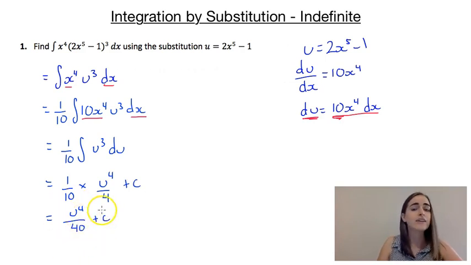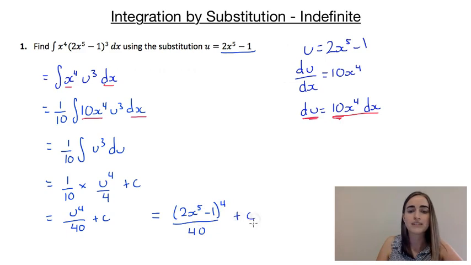So I've integrated it, but the last step is to put it back in the same variable that the question came in. I want x's in there instead of u's. So I'm going to put this back in where that u is. The last step, I'm just going to write it next to it because I don't have room down the bottom, is going to be 2x to the power of 5 minus 1, all to the power of 4, over 40 plus c. Let's have a look at a second example.